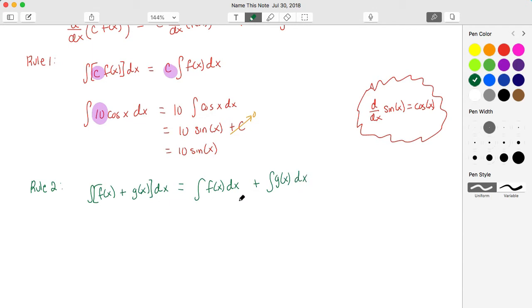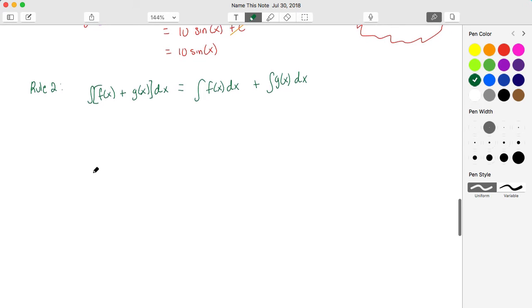So doing this does not change the value of our expression, so we can do this. This is a rule.